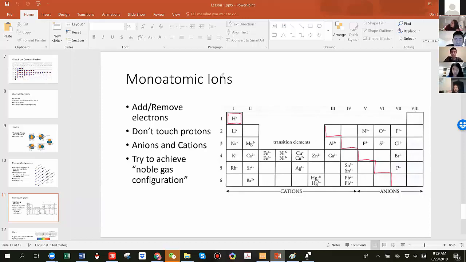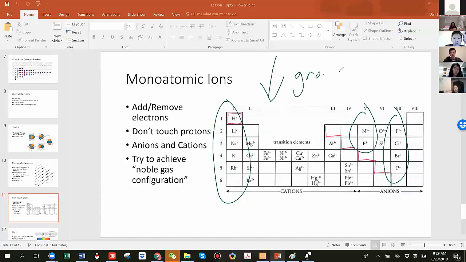All of these are 1 plus, all of these are 1 minus, all of these are 3 minus, right? The idea is that elements in the same group, by the way, columns are called groups and rows are called periods, tend to have somewhat similar properties. We'll talk about this a lot when we talk about periodicity.